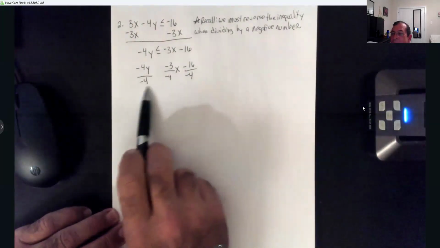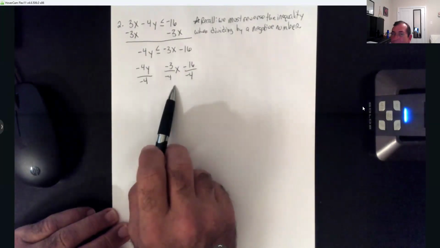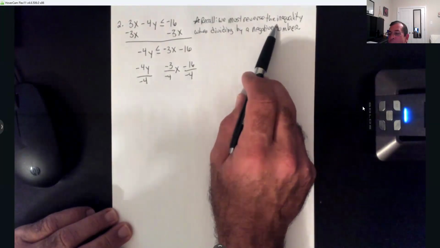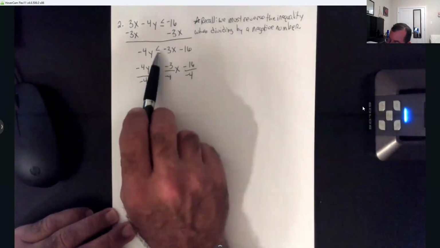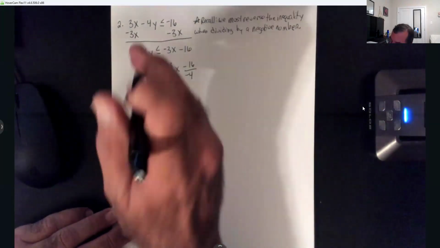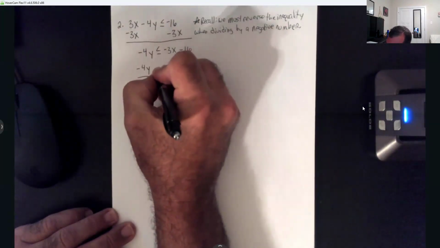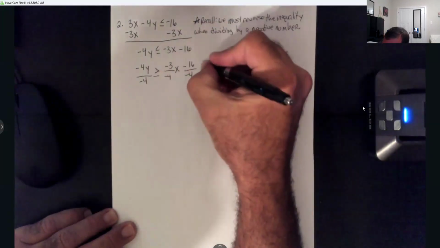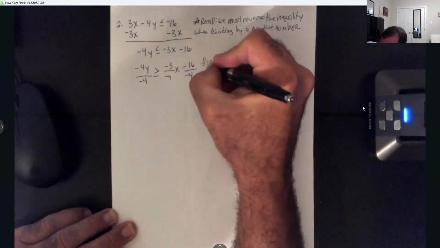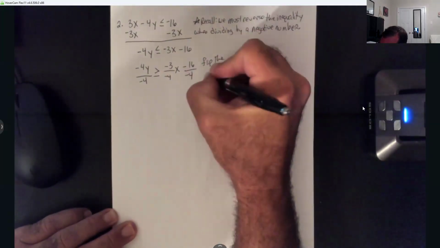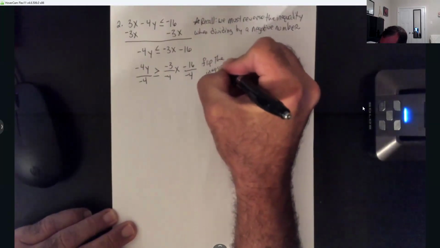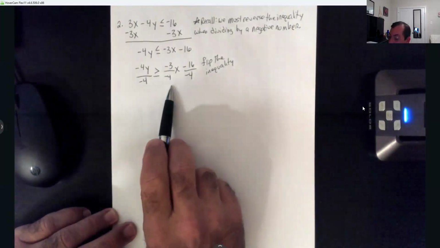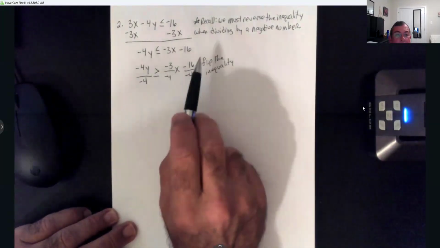I just divided by a negative number. And we wrote right here that we got to reverse the inequality. So this less than or equals will now become a greater than or equals. So right here, we got to flip the inequality. And y'all, that's because we actually did divide by that negative 4, okay?